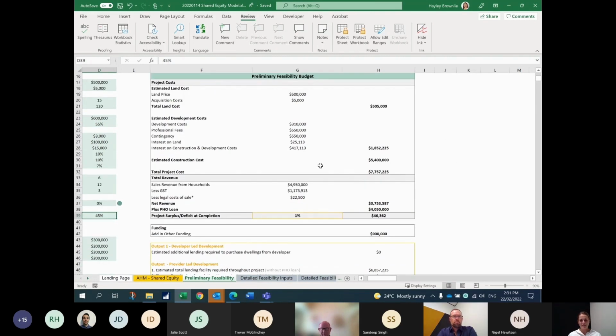So you can see in this instance, total project costs are 7 mil. Once we've had the sale to the households and the PHO loan coming in there, we're actually in a surplus of about $46,000, which is a 1% profit.